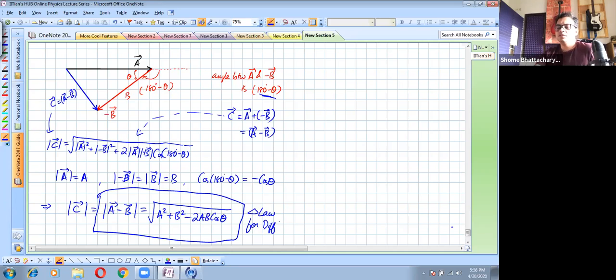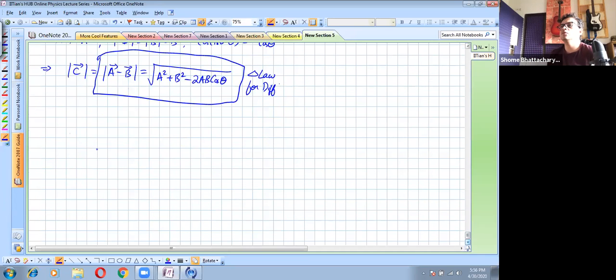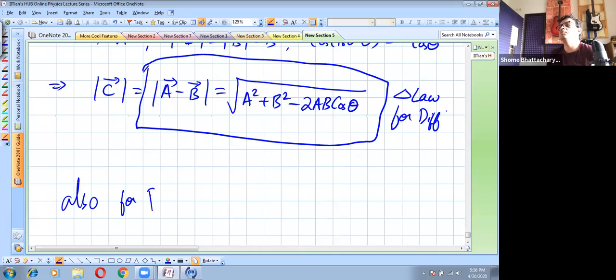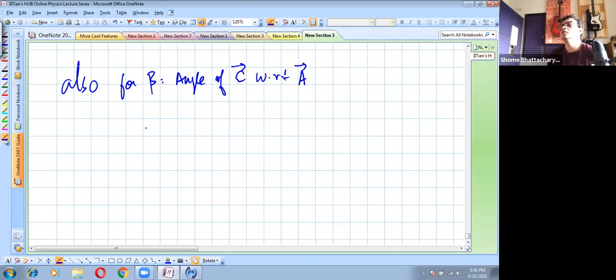Okay, people, so hope this is clear. Now, one more thing we have to do in this is find out this angle, the angle that the vector C or the difference makes with respect to A. So also for beta, that is the angle of the vector C with respect to the vector A, we can use a similar formula as we have done for tan alpha, but we will have to replace theta with 180 minus theta.